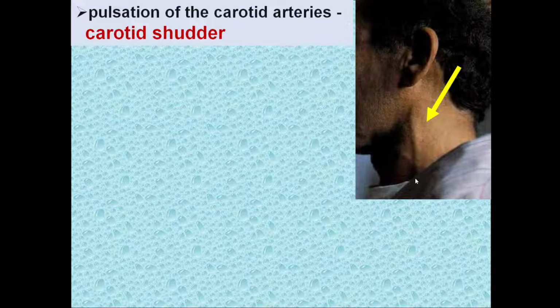Then at the beginning of the diastolic period, some blood comes back, first of all from the carotid arteries, which are localized near the heart, and the arteries collapse. We see dilation during systole and collapse during diastole. Pulsation of carotid arteries is visible because of aortic regurgitation.